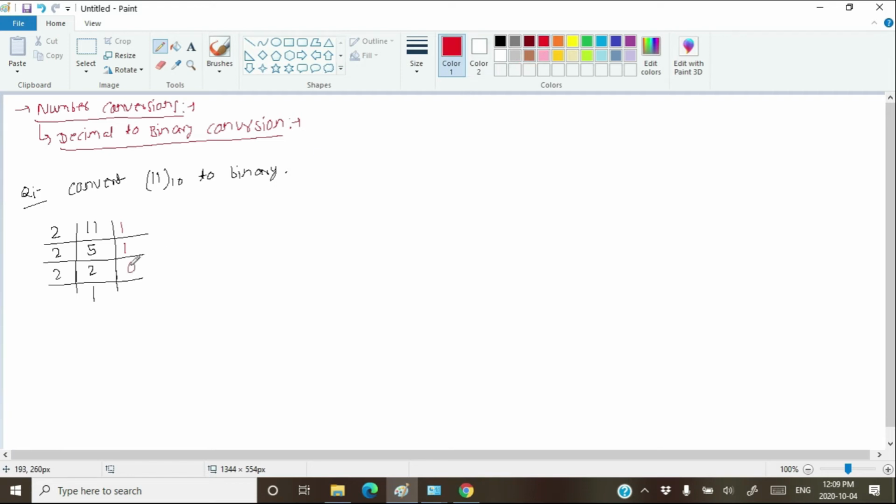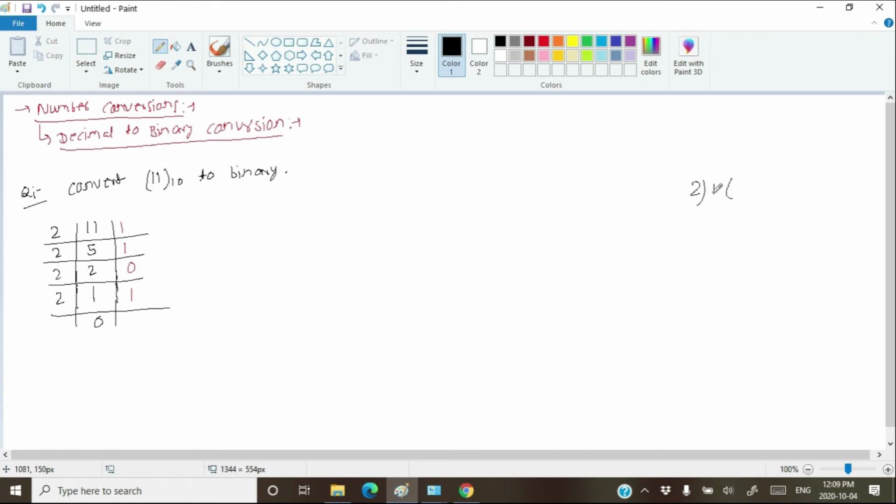0 as the remainder. Then when you divide 1 by 2, you will get 0 as the quotient and you will get 1 as the remainder. Hopefully you know what happens when you divide 1 by 2.